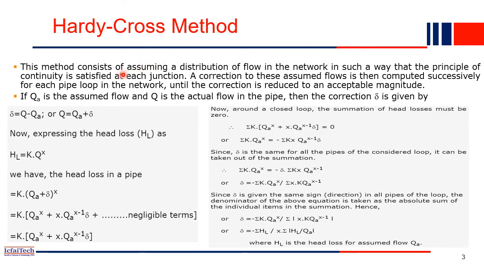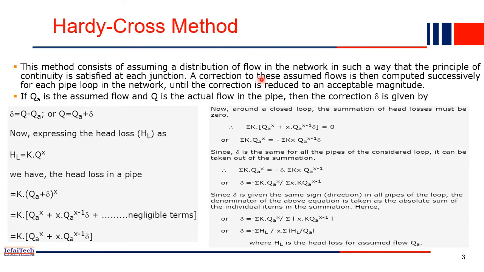This method consists of assuming the distribution of flow in a network. First we have to assume the distribution of flow, because initially, based on our past experience, we guess that in this pipe that much quantity of water might be going.